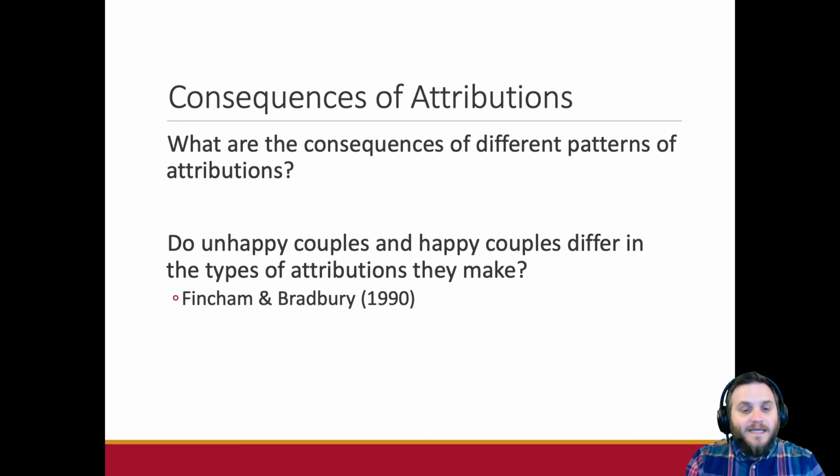Good behavior is internal, stable, relational, and high responsibility. So partners view good behavior as attributable to the person. They are good, and I like them. Unhappy couples do what's called distress maintaining attributions. So flip those. Bad behavior is viewed as internal, stable, relational, and high responsibility.